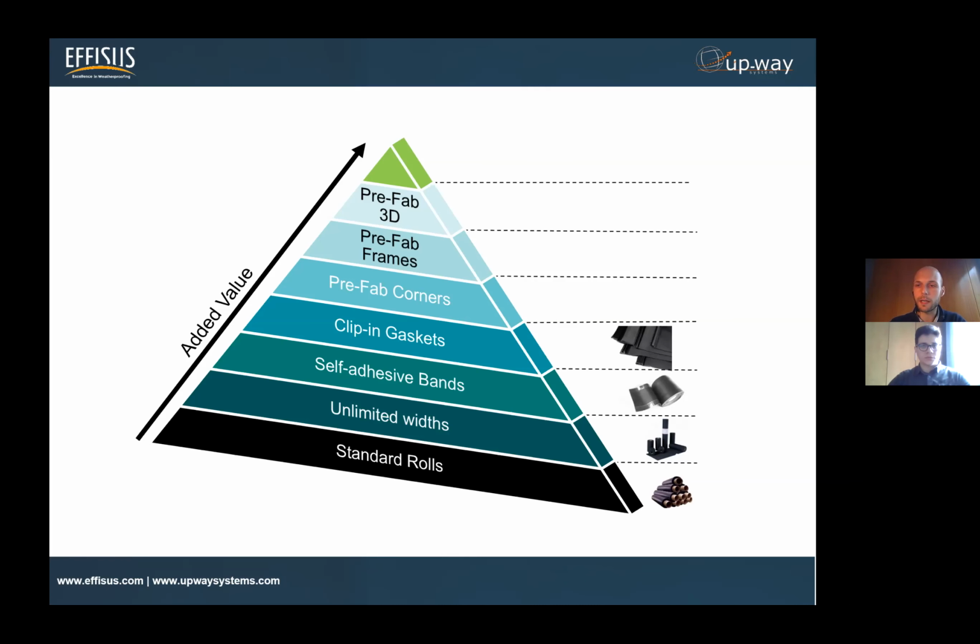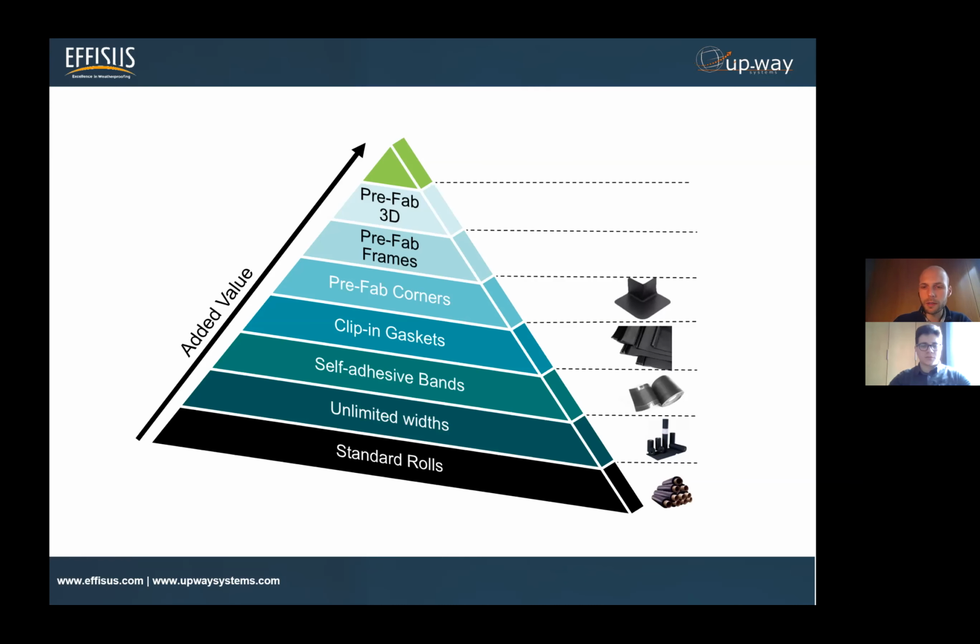This is a vulcanized clip-in gasket, and we'll have the chance of looking into this kind of solution later in this presentation. But it's really good in terms of efficiency and time to install.